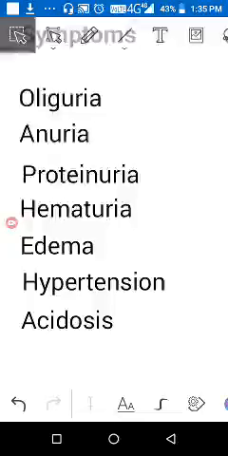The neural coordination cannot take place in the body, right? So ultimately, it can put the patient in coma, and if this situation persists for some time, it can even result in death. So these are some of the features or symptoms we can find in case of acute renal failure.